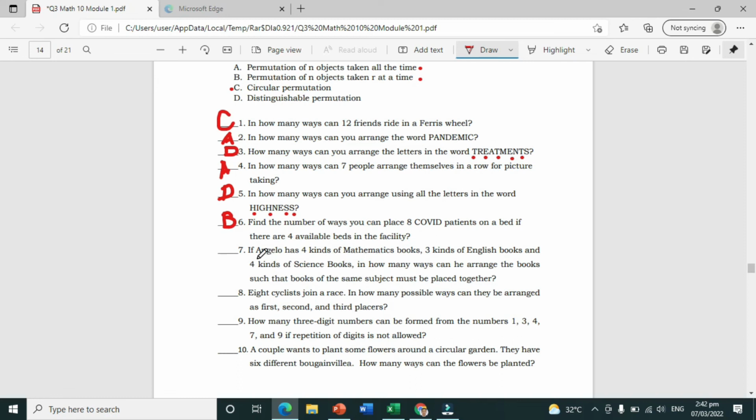So sa number 7, distinguishable. Sana lang. Pero may sinabi man na books of the same subject must be placed together. Di ba? So, ito magiging what? Taken all the time. Yan.